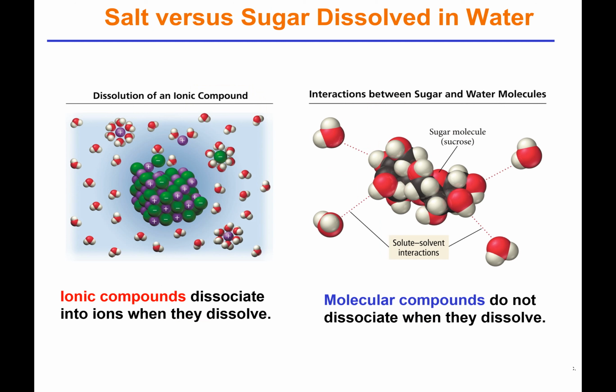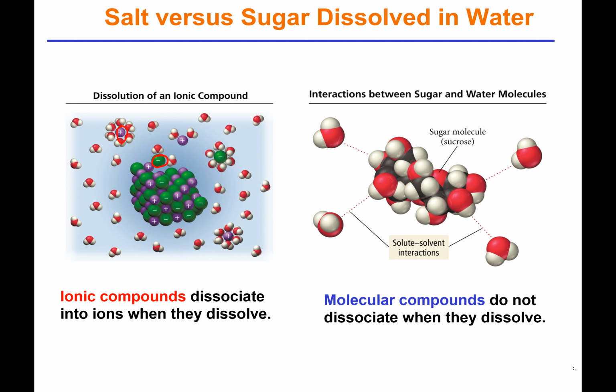So what's the difference? The one on the left is our ionic compound. Our ionic compound dissociates into ions when it dissolves. Notice we have individual chloride ions and sodium ions breaking off into the solution.